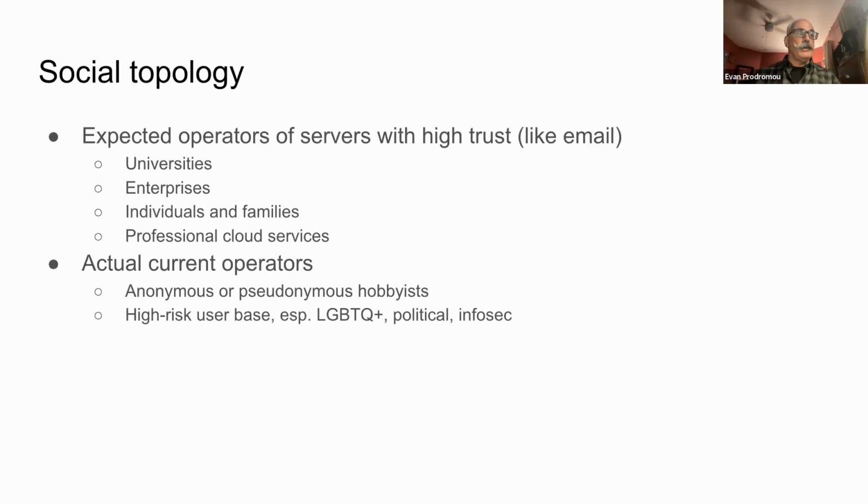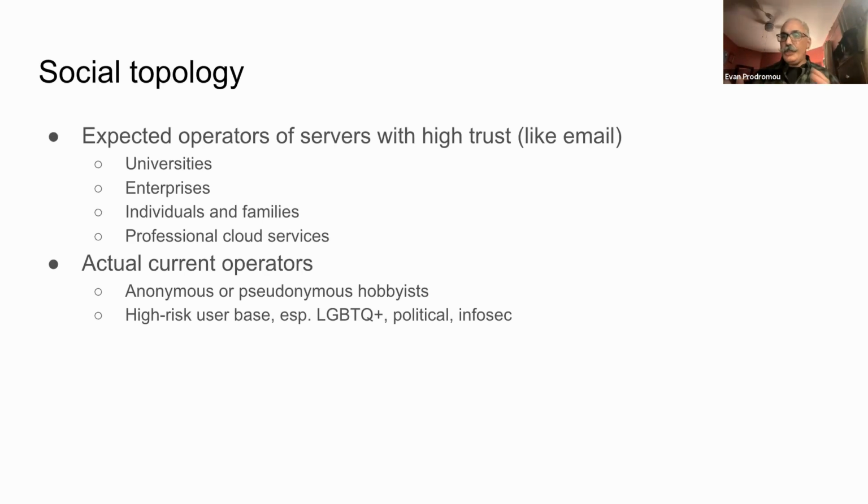So just like your company sets up an email server that you can send mail through, and you trust your company not to go through your mail, or you trust a paid cloud service not to go through your mail unless it's absolutely necessary, we expected to have a network of servers provided by these high trust server networks.